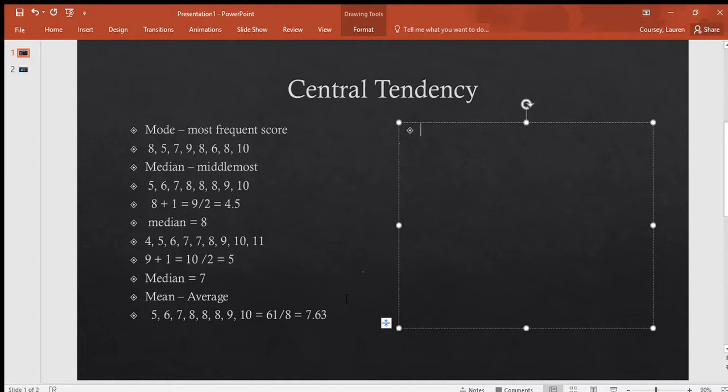Right? So if we take our person who had an anxiety score of 5, we subtract the mean of 7.63, right? We would see that this particular person, 5 minus 7.63, has a deviation score of negative 2.63. So for each person, for each score, we can calculate a deviation score. Right?